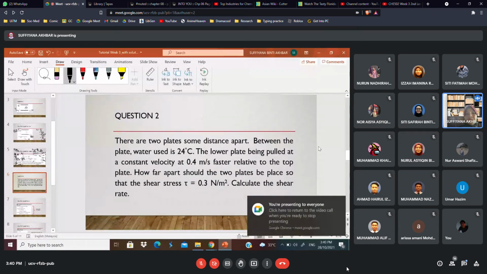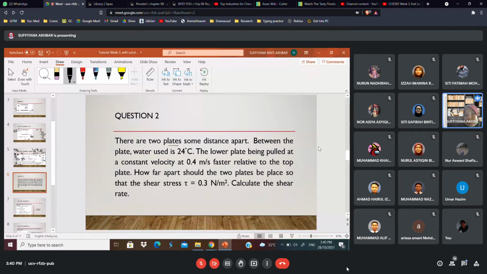Question number 2. There are 2 plates some distance apart, meaning you have an upper plate and a lower plate. Between these 2 plates is water at 24 degrees Celsius. The lower plate is being pulled at a constant velocity, 0.4 meters per second faster relative to the top plate, meaning delta V is equal to 0.4 meter per second.